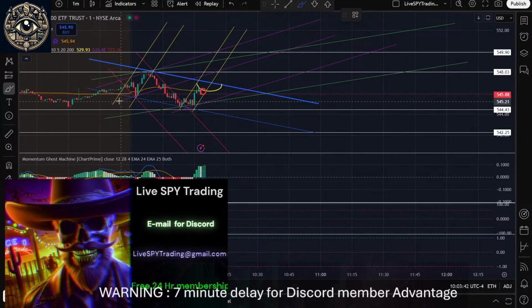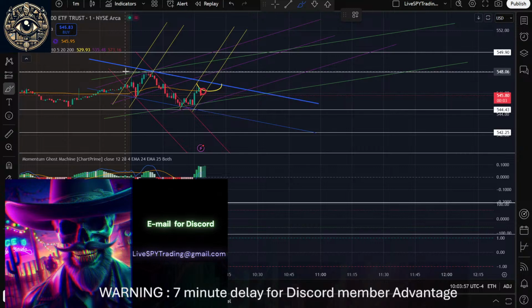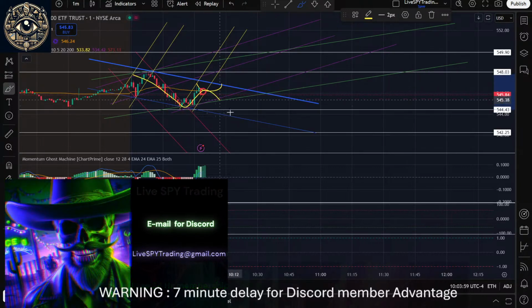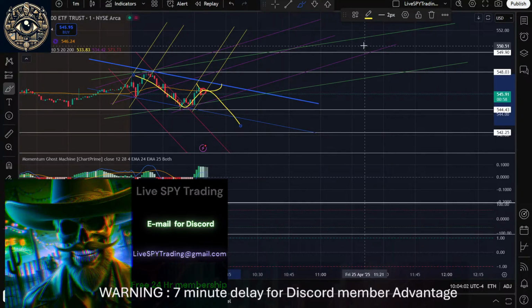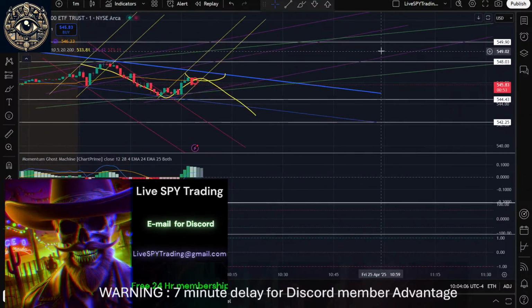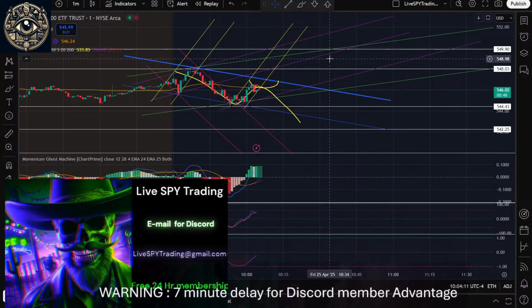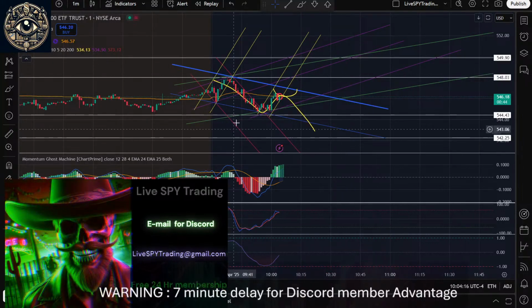So here are the possibilities. We want to look for a cup to form here and possibly safety above the blue, right? Or we could be looking at a bolt right here. I'm not happy with this magenta.